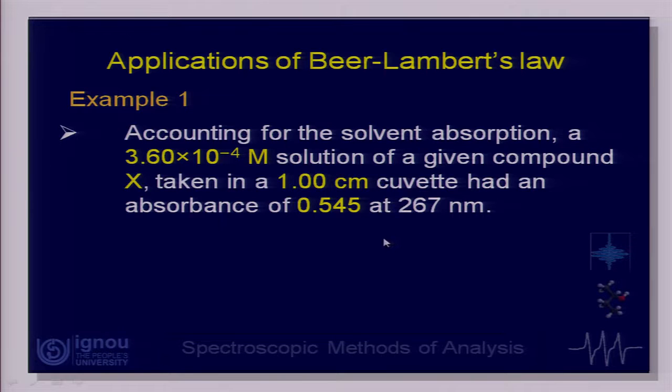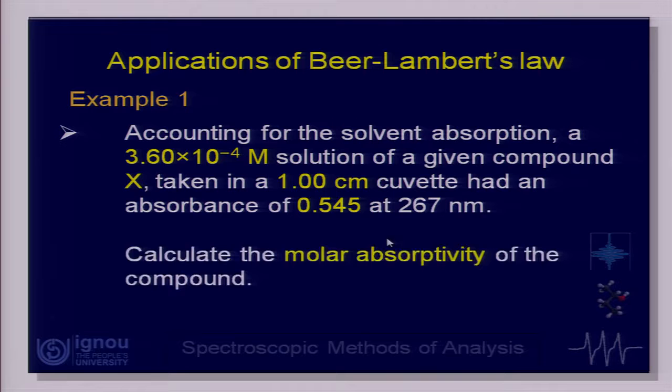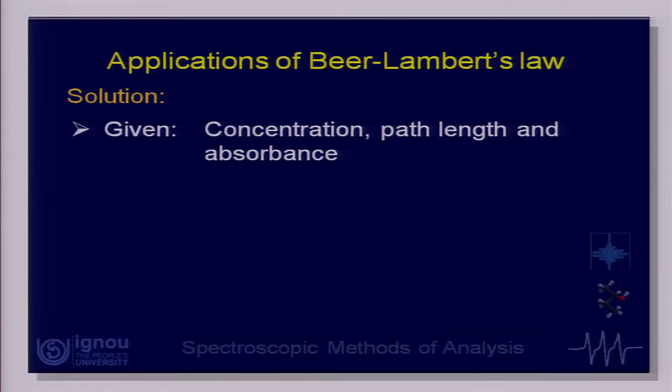That is the information given to us, and we are supposed to find out the molar absorptivity for the compound X. How do we go about it? We see that concentration is known to us, path length is given, about 1 centimeter, and absorbance is also given, and we need to find out epsilon, the molar absorptivity.